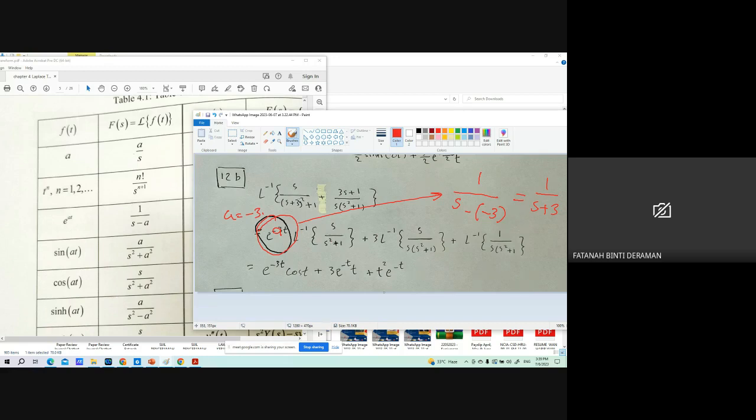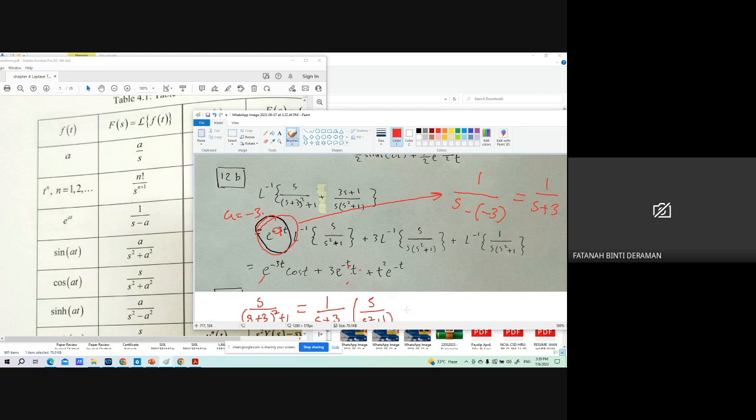Is this thing, s plus 3 square plus 1, similar to 1 over s plus 3? And then we have another function here, which is s square plus 1.